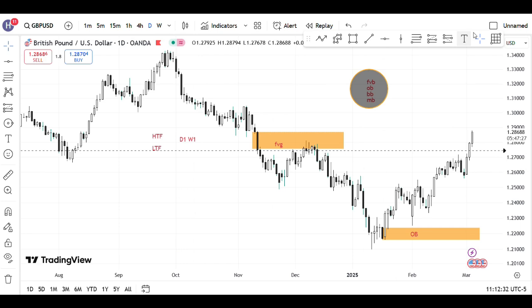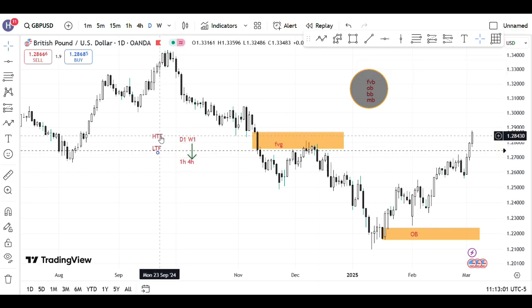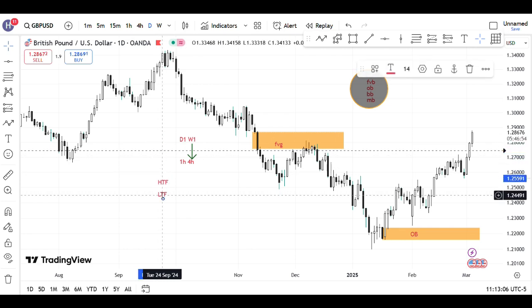Low time frames are 1 hour, 4 hour, like that. If you analyze the chart on the daily, you get the entry from 1 hour. If you analyze the chart on the weekly, your entry is from 4 hour. That is high time frame to low time frame.